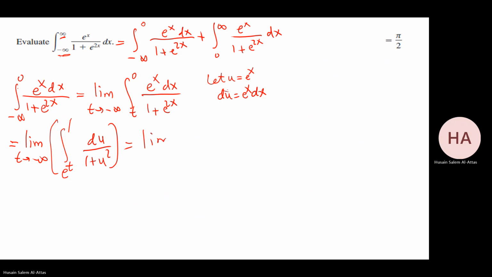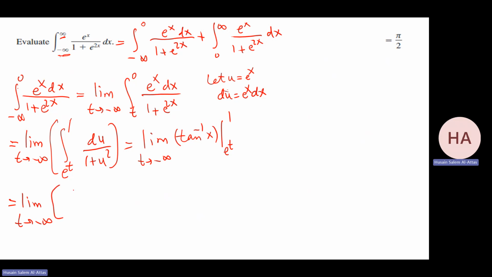The limit as t goes to minus infinity of tan inverse of u from e to the t to 1. That gives me the limit as t goes to minus infinity of what? Tan inverse of 1, pi over 4, minus tan inverse of e to the t.